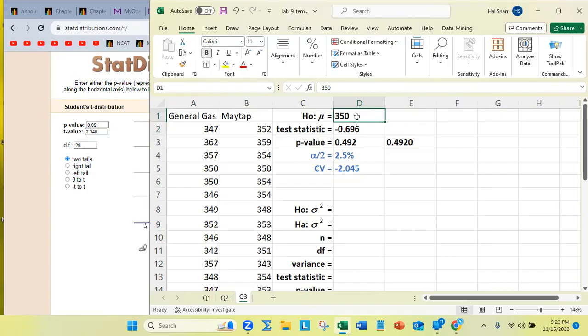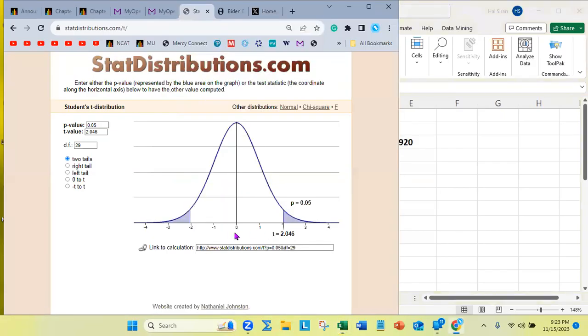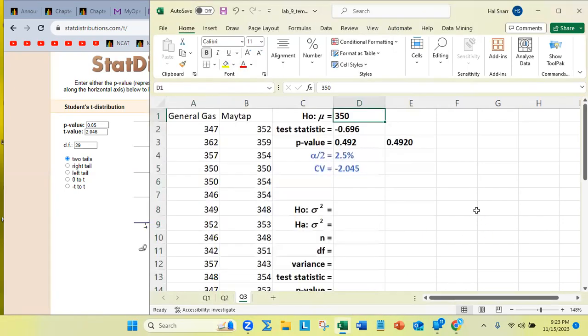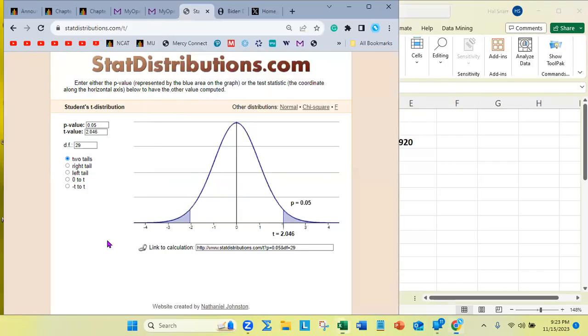The test statistic is on this side of the distribution because it's negative, right? The next question is, is it significant? Well, negative 0.696 is not in the significance area. If it was out here, it would be negative and significant, but it's right here, so it's negative and insignificant.